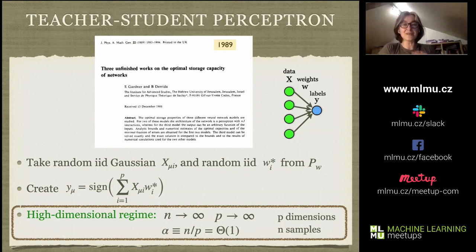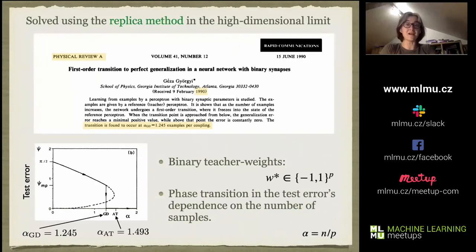And this is where the methods of physics come in, because back then, these same people were also studying the physics of disordered systems, and there we actually do have methods, developed 40 years ago, that are able to deal mathematically with this high dimensional limit. This is called the replica method. They just took this mathematical method and applied it to this problem.